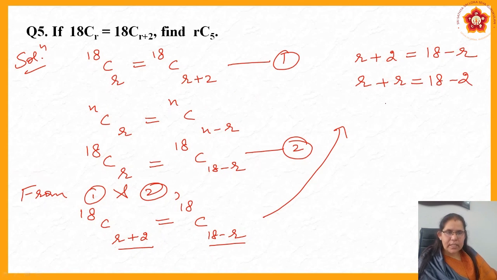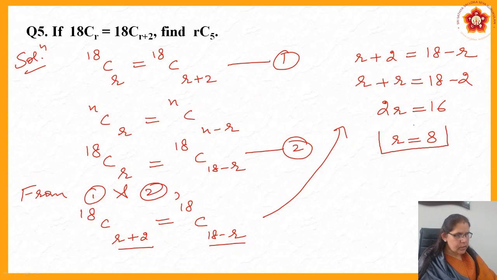We'll bring R to one side and on the other side we have 18 minus 2. So 2R is equal to 16 and R is equal to 16 by 2, which is 8. So this is the value of R which we have got.